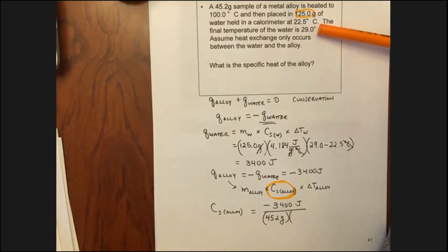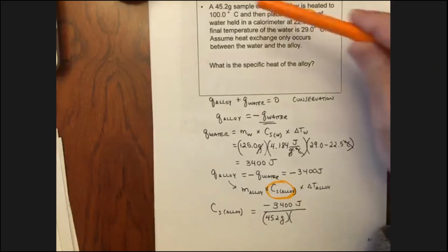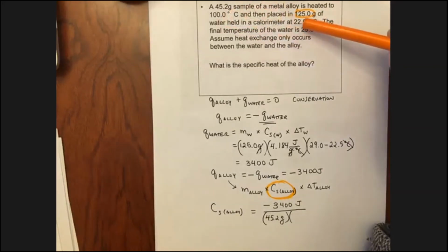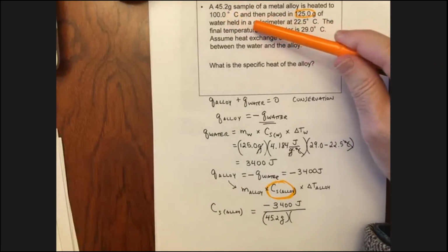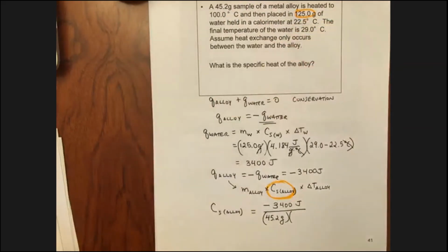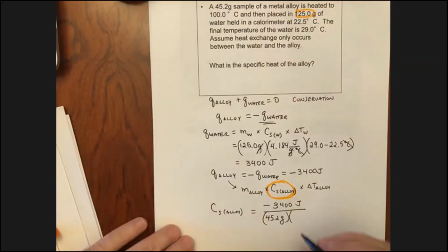Remember that example I gave you, the two tanks next to each other at different levels of water, and then you open a little valve in between, and the water essentially levels off. Similarly here, the idea is the metal was starting at a higher temperature than the water, so there was thermal energy transferred from the metal into the water until they both arrived at 29.0 degrees. So that's the final temperature of our metal.